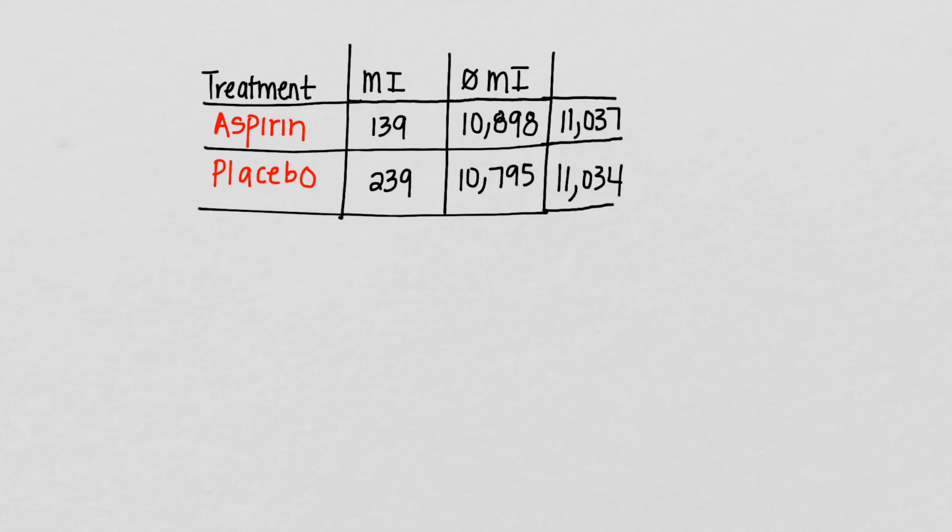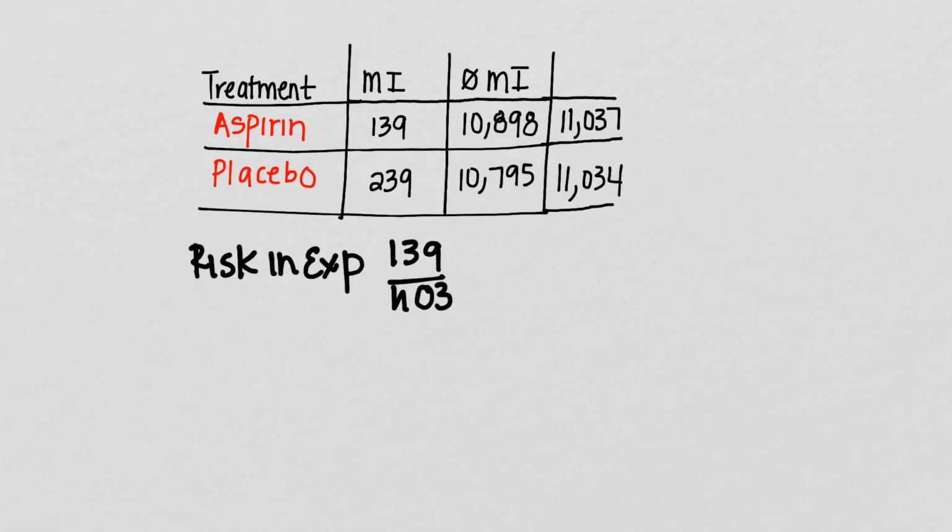And so what we're going to do is exactly that in real time so you can see how that is done. So again, we have to calculate the risk, right? In the exposed group, that would be the group that took the aspirin, so that's going to be the 139 divided by the 11,037 patients total.